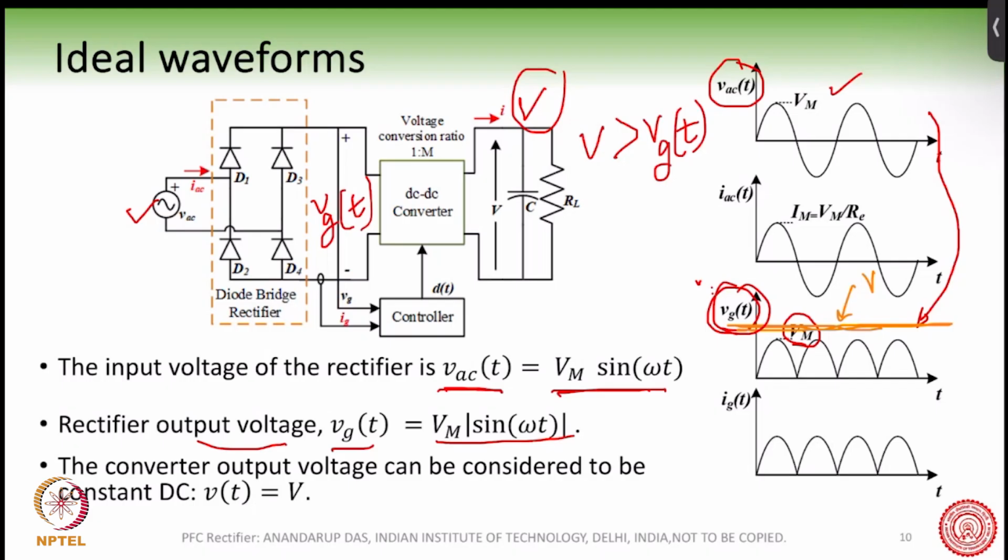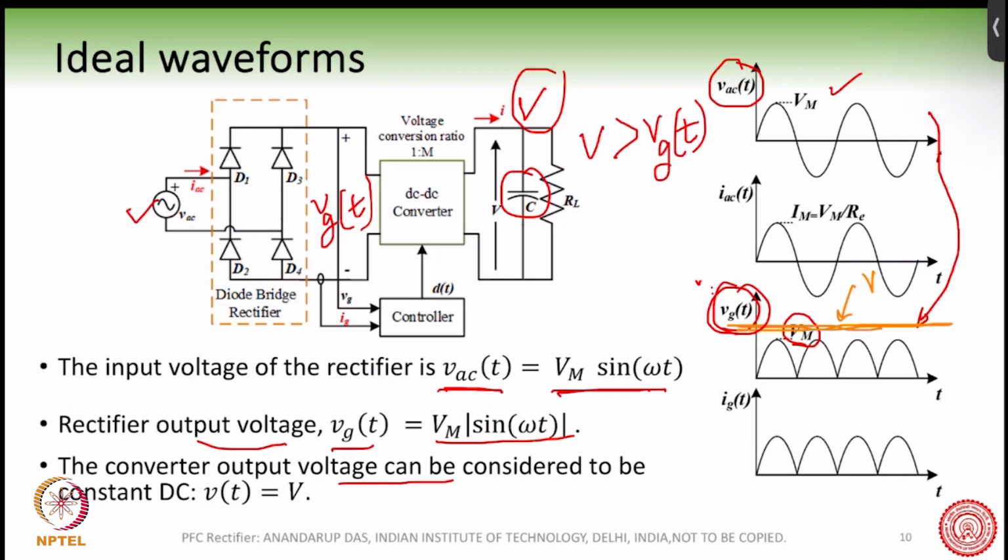The converter output voltage can be considered constant. This is very common because we have put a capacitor here, and that capacitor ensures that the output voltage is more or less constant. There may be a small ripple, but the capacitor is designed in such a way that this ripple is about 1% or even less than 1%.